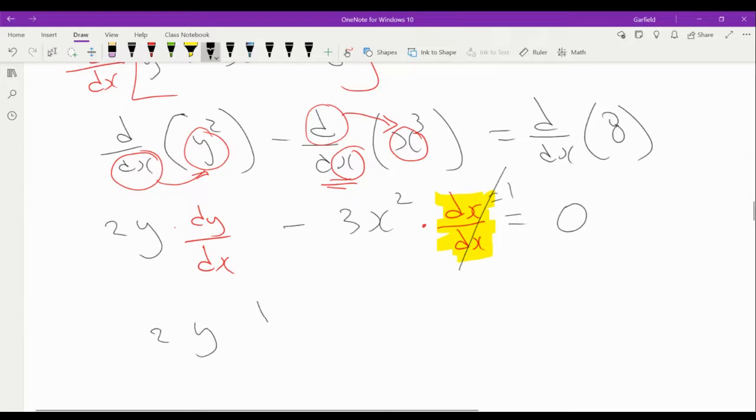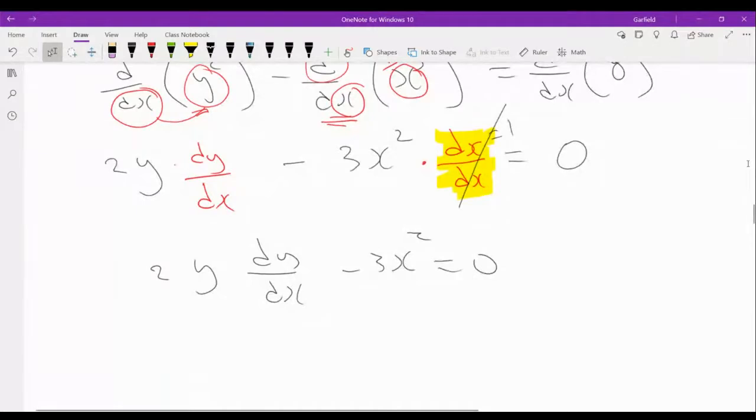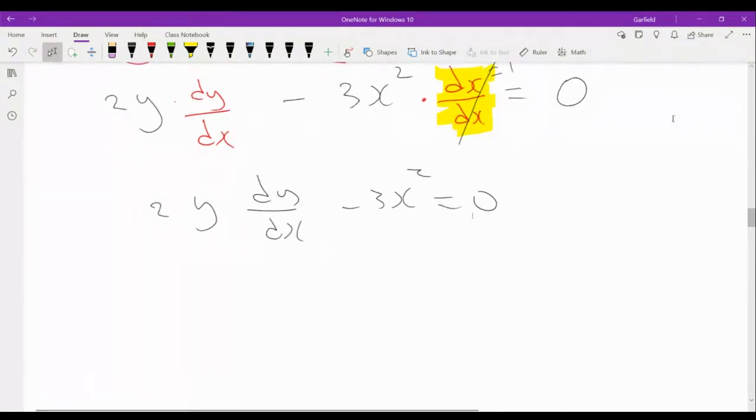So here this is 2y dy by dx minus 3x squared is equal to 0. So please do not forget to include that change of variable for the second term when the variables are different. Now, how do we solve for dy by dx? Well, we can move this over.